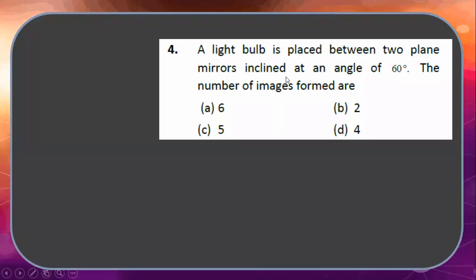Next. A light bulb is placed between two plane mirrors inclined at an angle of 60 degrees. The number of images formed will be?